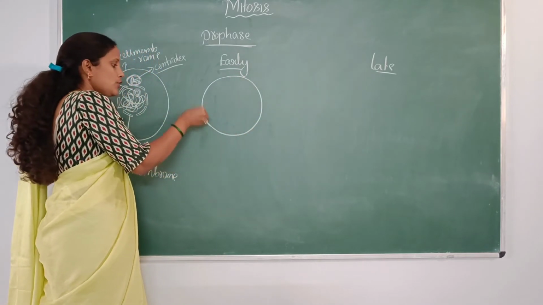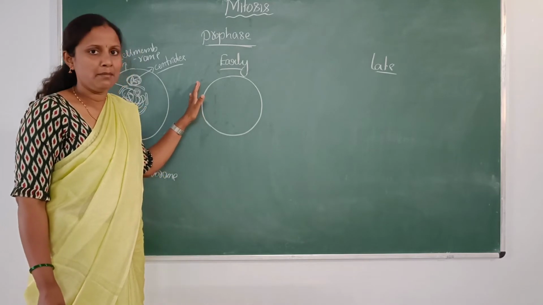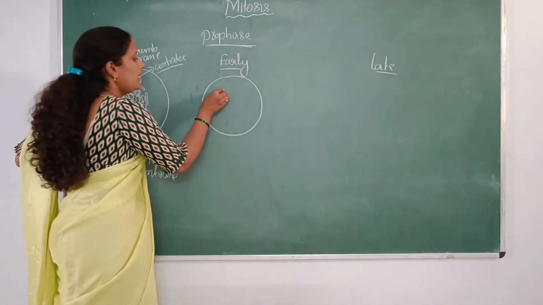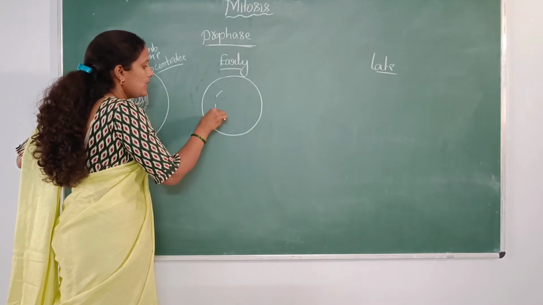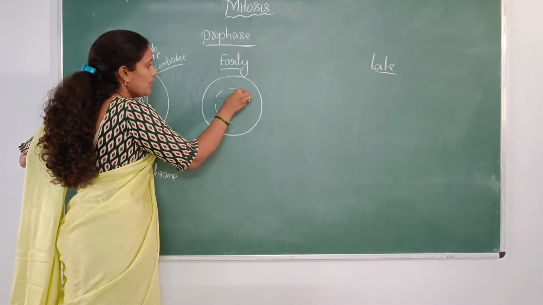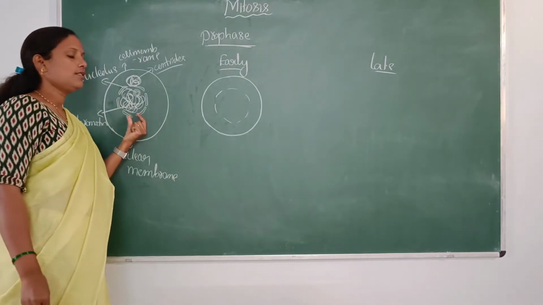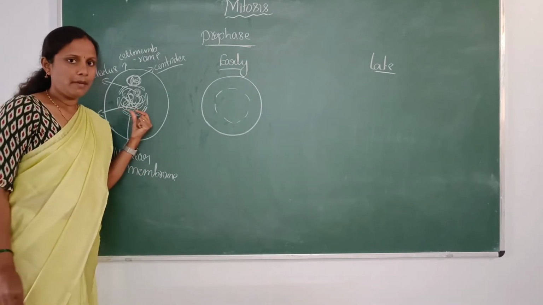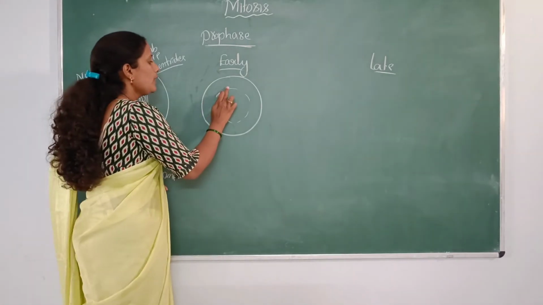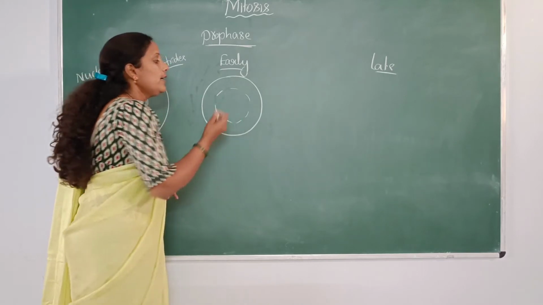So this is the cell. There is no change in the cell membrane, but the nuclear membrane will start disappearing. You can see here there is a thickened and compact nuclear membrane present, but here and there the nuclear membrane ruptures and is disappearing.